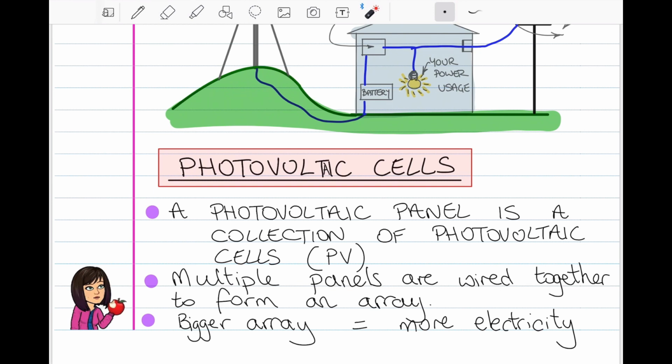They are quite expensive though, which is why you would think that the full house roof should be made from photovoltaic cells to make it efficient, and probably should, but cost is often an issue with these cells. Multiple panels then are wired together to form an array. So you'll have one panel made up of cells, multiple panels become an array. The bigger the array, more electricity generated.